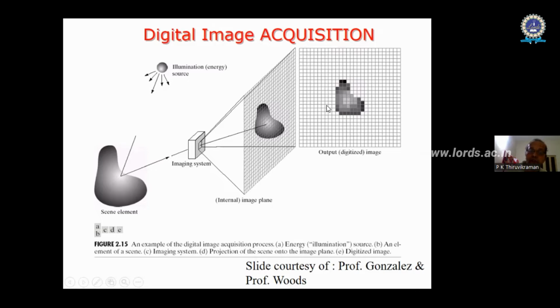So how is this digitization done? Basically, the imaging system, the digital camera, you can say, samples the image at regular intervals. There is periodic sampling of the intensity values, and each imaging element occupies a certain region. Throughout that region, which is called a pixel, so the small square is a pixel, it will be the same intensity.